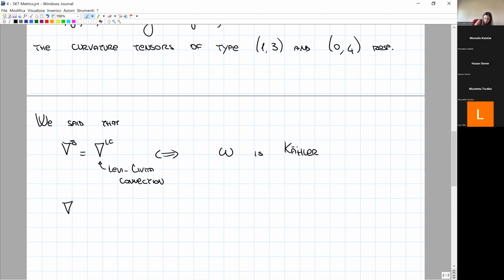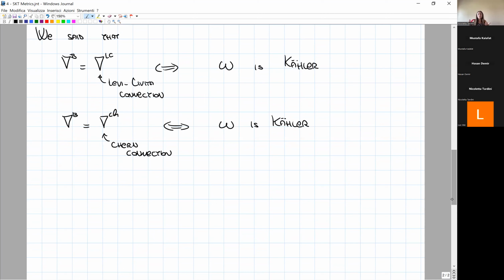And also, the Bismut connection coincides with the Chern connection if and only if omega is Kähler again. So if we work in non-Kähler geometry, all these connections are different, and as you can expect, they will behave differently.